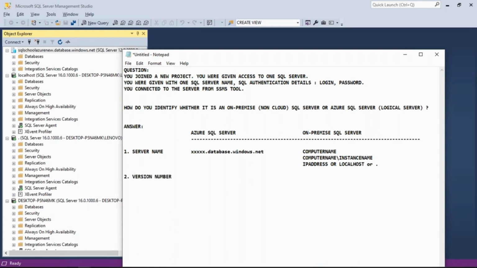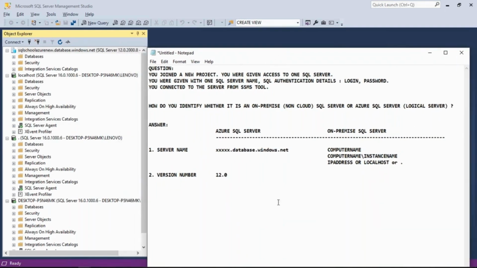This is 12.0. This is a fixed version number, okay? It has nothing to do with on-premise, nothing to do with regular non-cloud SQL Server.